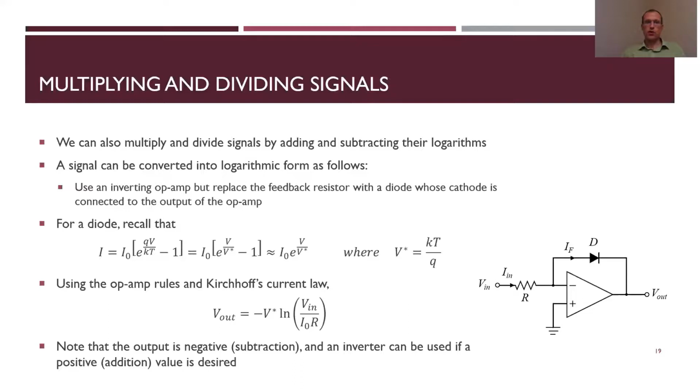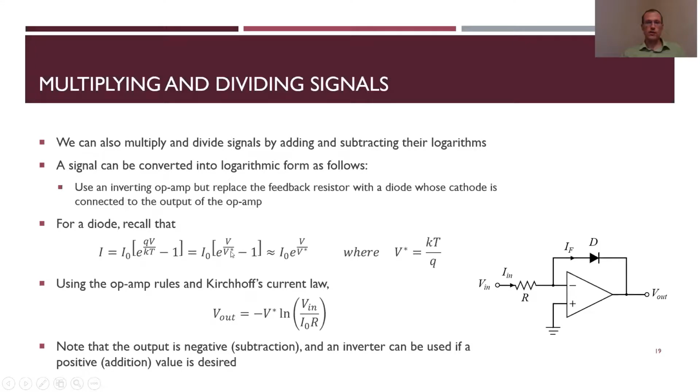And so to convert a signal into its logarithmic form, you can take an inverting op amp, a very simple circuit, but replace the feedback resistor with a diode, cathode connected to the output. And then for diodes, we have the diode equation that the current is I0 e to the QV over KT, minus 1.